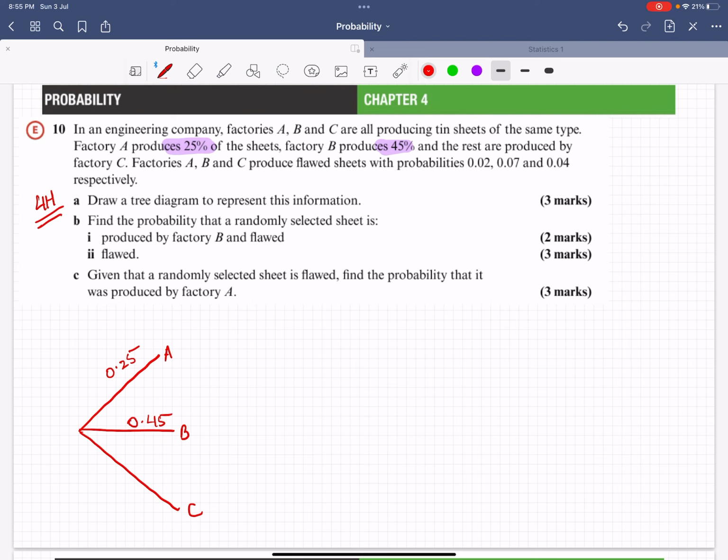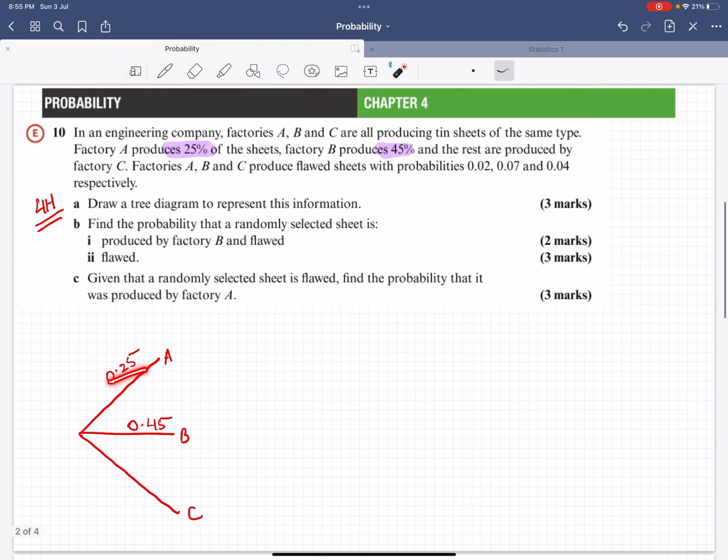They say that the remaining is produced by factory C. So 1 minus the given two, which means 0.25 and 0.45. 0.25 plus 0.45 gives us 0.7. 1 minus 0.7, therefore, factory C produces 0.3.